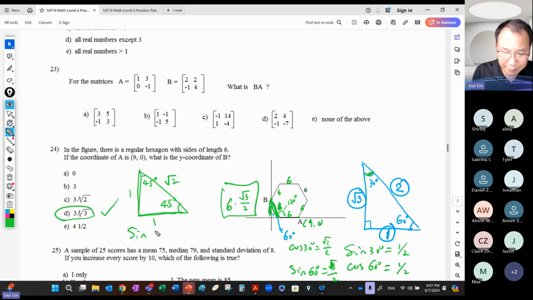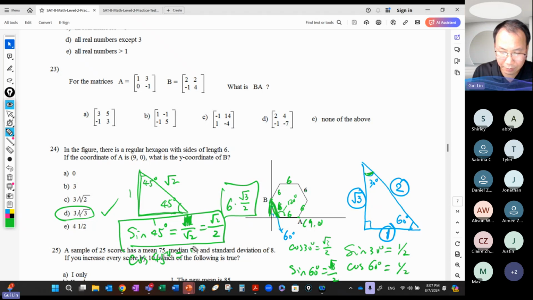So sine 45 degrees equals 1 over square root 2, right? So it will be square root 2 over 2. What about cosine 45 degrees? Yeah, the same, also square root 2 over 2. It's a typical case. Okay.